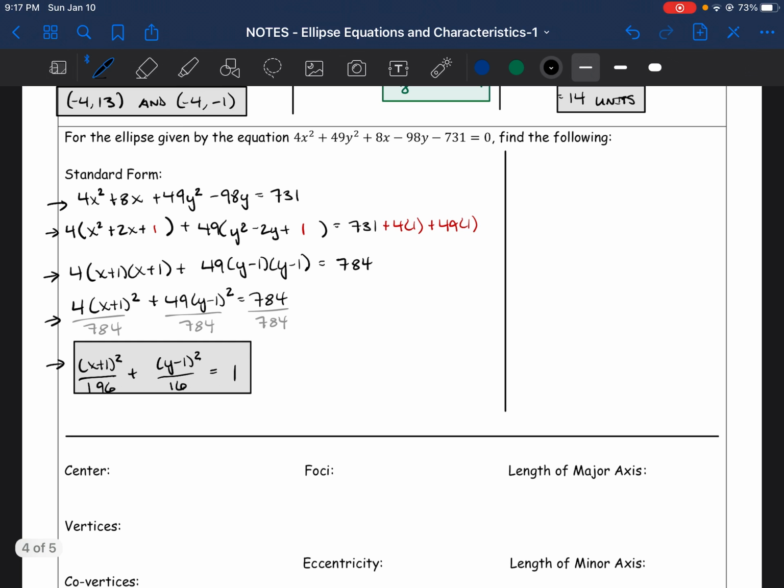Now first off, let's talk about how this ellipse is oriented. Because the largest denominator is with the x variable, this is a horizontal ellipse.